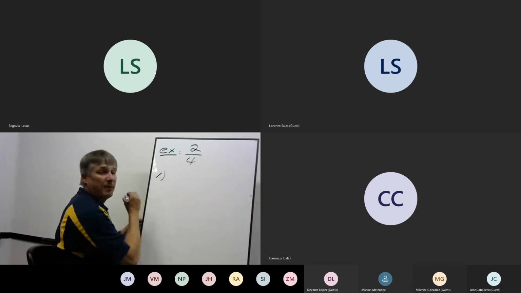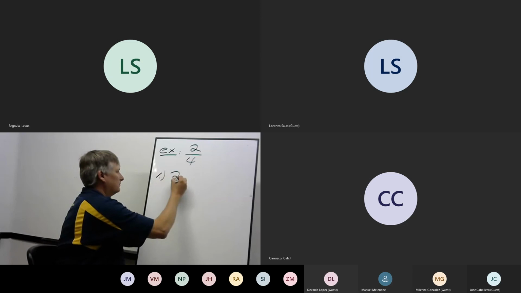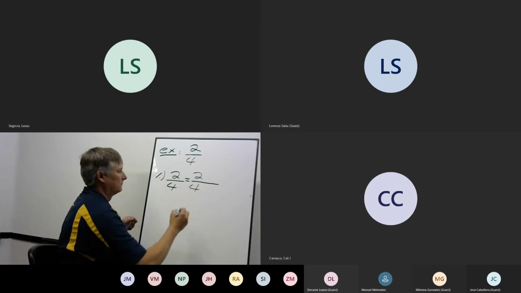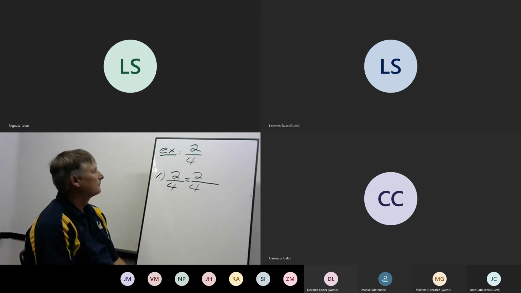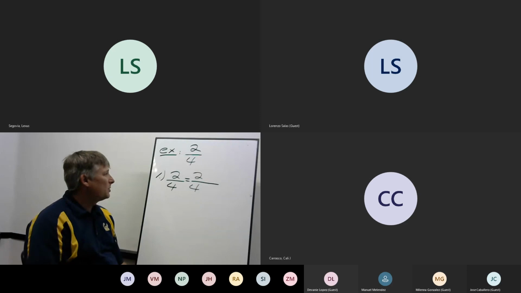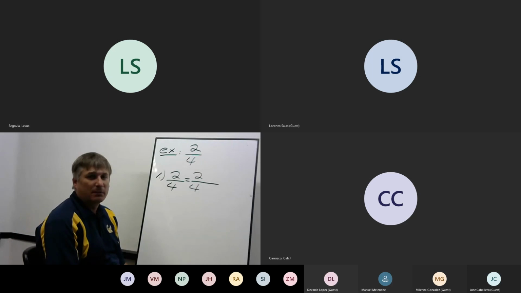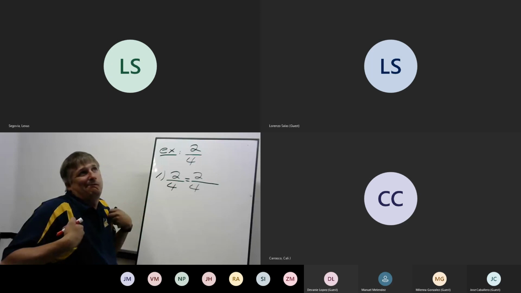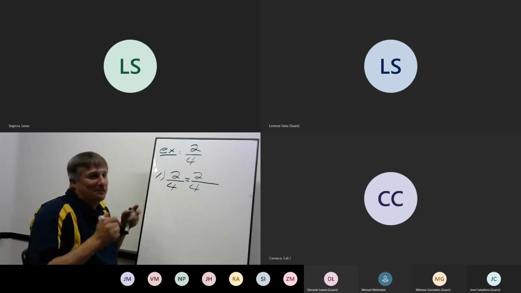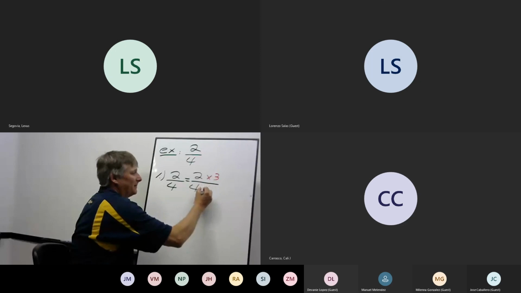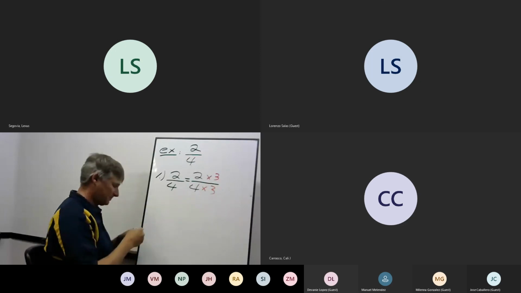So let's start with method 1. Method 1 says we multiply top and bottom by the same number. Let's just pick a random number, say 3. So we multiply top and bottom by 3.